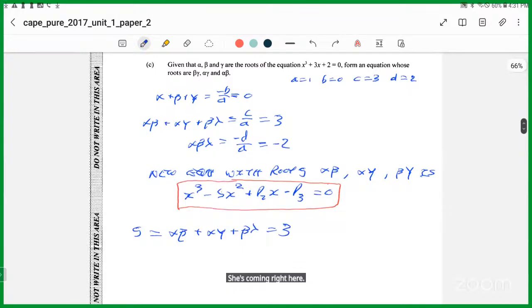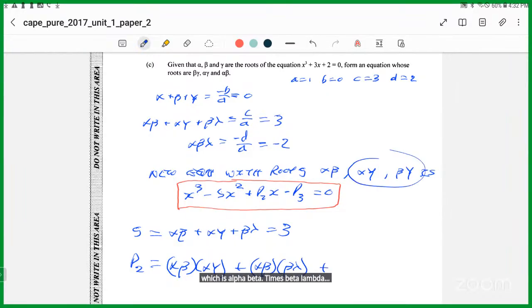Then the pairwise product of these three roots: P2 is the product of these two first, which is alpha beta times alpha lambda, plus alpha beta times beta lambda, plus the product of these two now, which is alpha lambda times beta lambda.